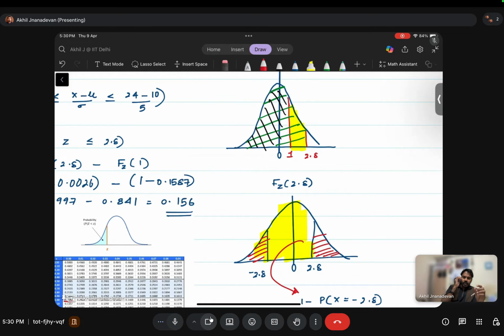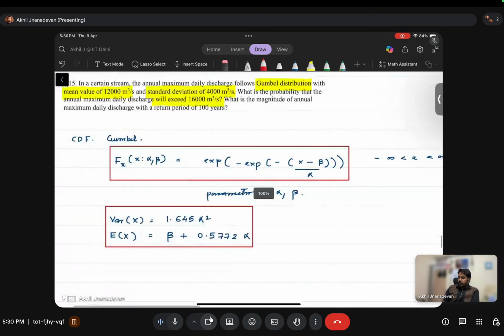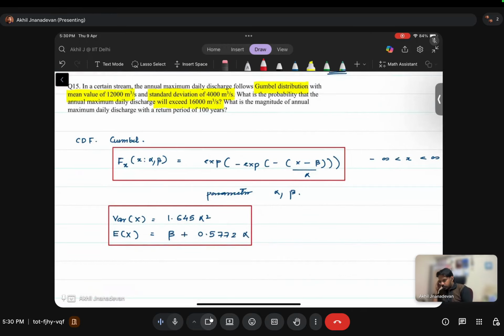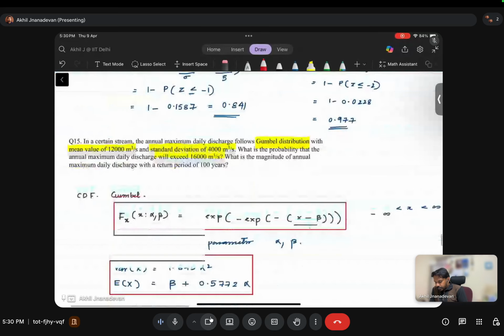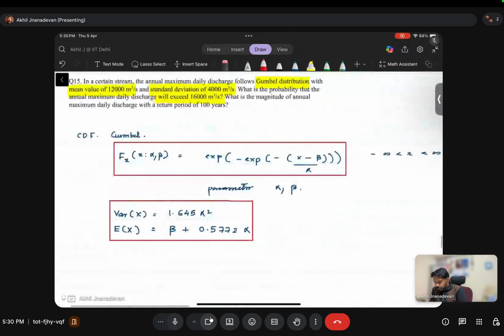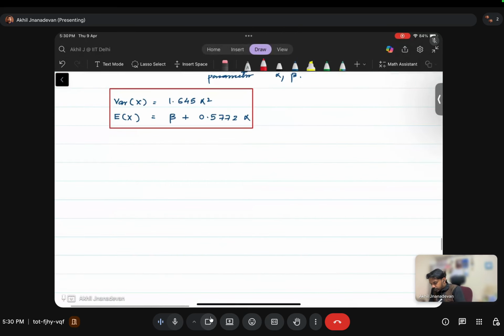So it is not a good distribution for modeling extreme values. If you want to model extreme values, we go for distributions like the Gumbel distribution. Okay, so for your question, we have been given the mean and variance value. The mean is the expectation of x.